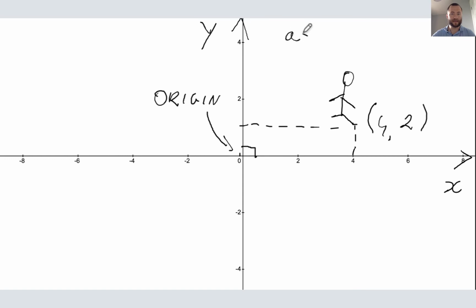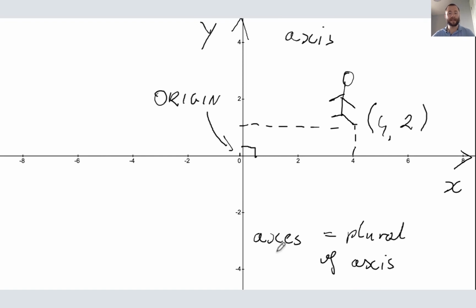So axis is singular, we have the x-axis and the y-axis, and then we have axes, which is the plural of axis. So if I say the axes of the coordinate system, I mean two of them.